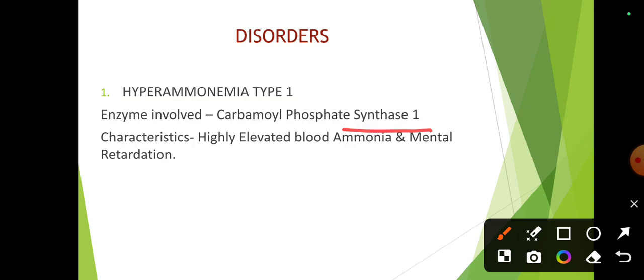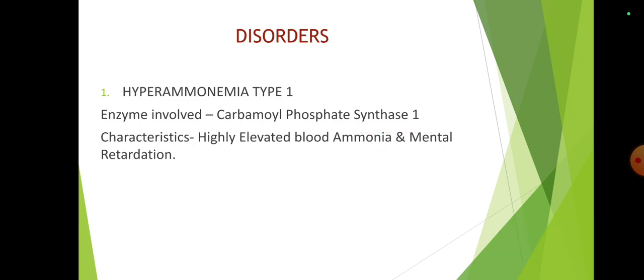If there is a defect in the enzyme carbamyl phosphate synthase 1, then there is accumulation of blood ammonia, and if blood ammonia accumulates in the body, then blurring of vision, slurring of speech, mental retardation and tremors occur. The characteristic is highly elevated blood ammonia and mental retardation.